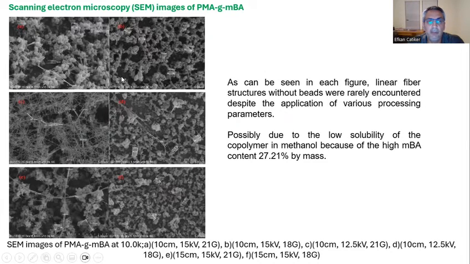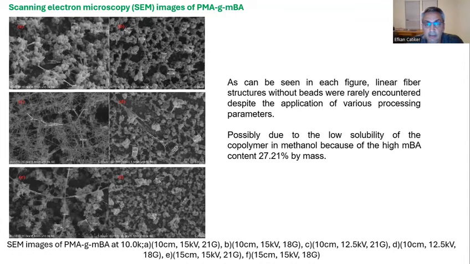As shown in the figure, we applied different parameters here, and almost no regular nanofibers were obtained, possibly due to the low solubility of the copolymer in methanol, because, as you remember, the high methyl beta-alanine content, about 27% by mass, was obtained by elemental analysis.